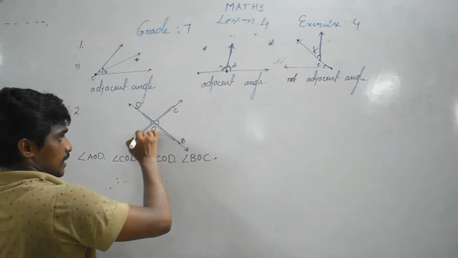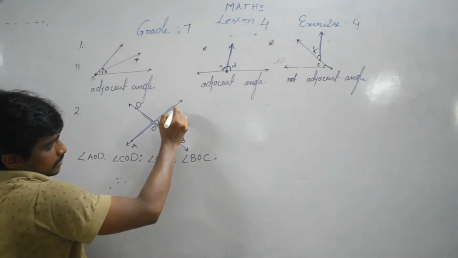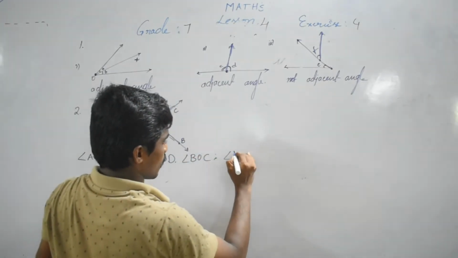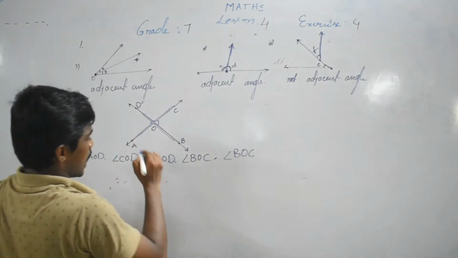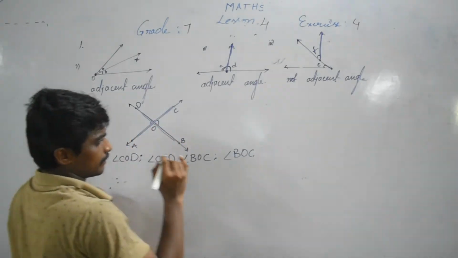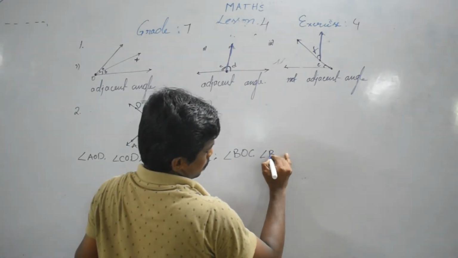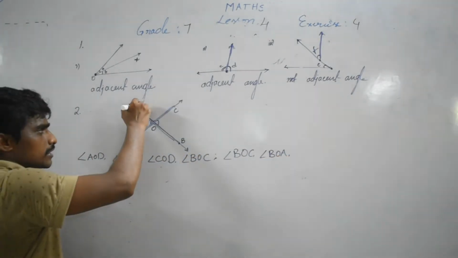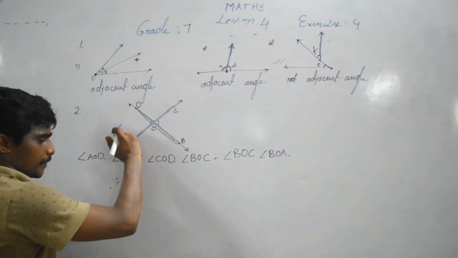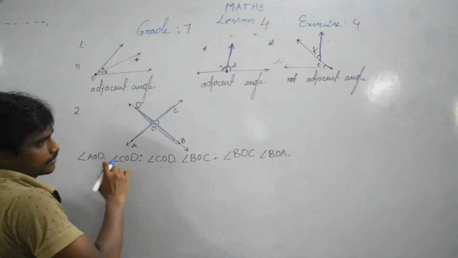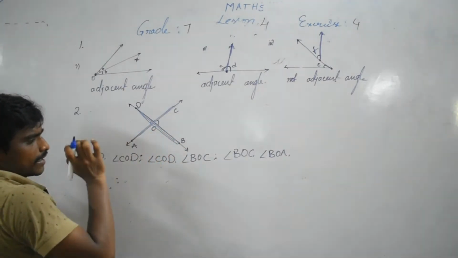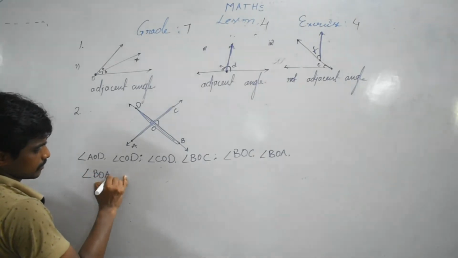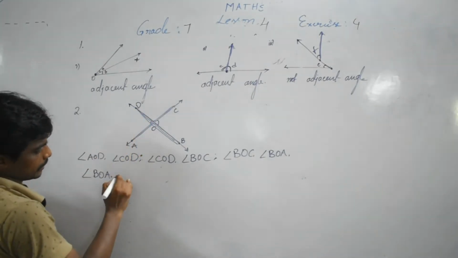Angle COB, angle BOC, one pair of adjacent angles. Now before this side, after this side, angle BOA, AOD.